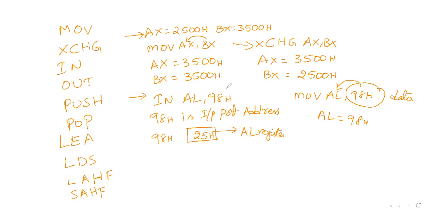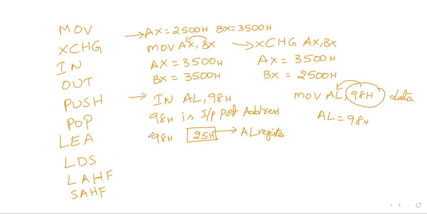But in IN AL, 98 hexa, this 98 is the address. With this address, the port is identified, and whatever data is available within that port is copied into the AL register. Here the immediate data is copied directly into the AL register. That is the difference between IN AL, 98 hexa and MOV AL, 98 hexa.